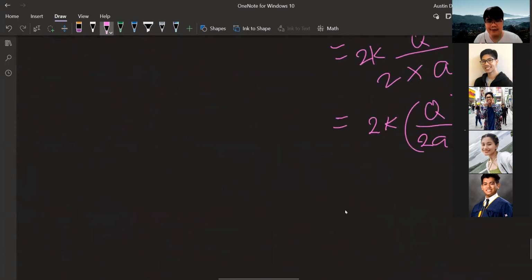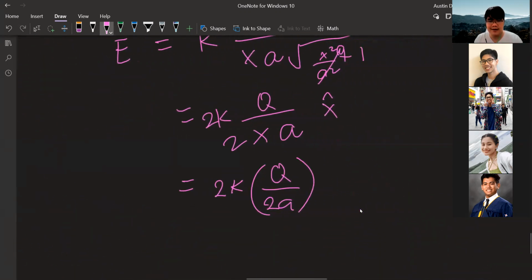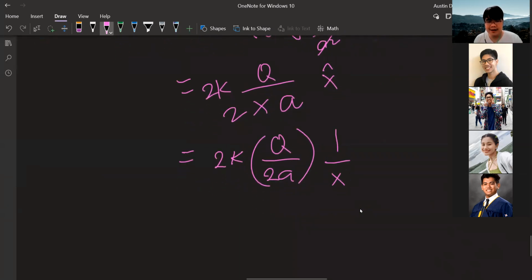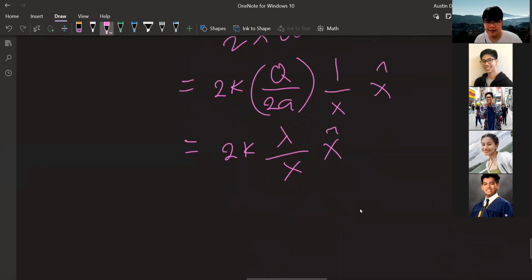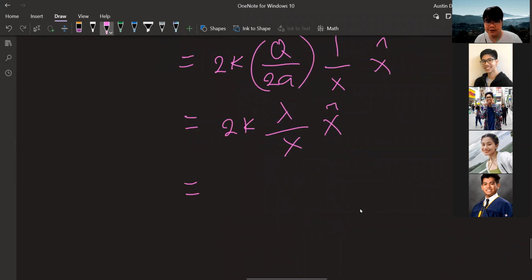So I can write them down as something like, tawagin natin siyang lambda. Okay? Exactly. So this is actually 2k lambda over x hat. Or in terms of epsilon, this is 1 over 2 pi epsilon naught lambda over x hat.